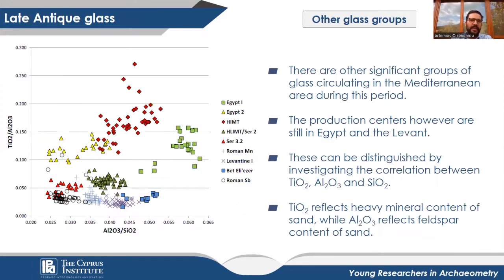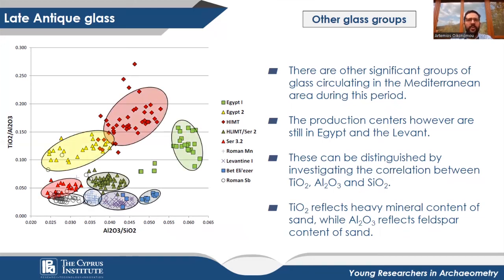Now, there has been a significant amount of work by various scholars in the last 20 years on late antique glass and in general first millennium AD glass. Through this research, it was possible to identify at least 7 compositional groups with a super-regional distribution. These groups of glass were made in different workshops in the Levant and in Egypt, and can easily be distinguished, as you can see here with the ellipses, using biplots.